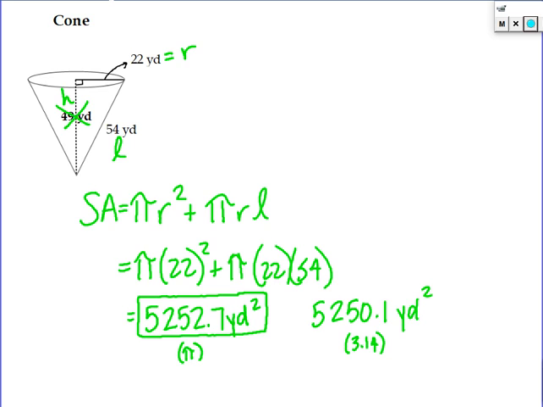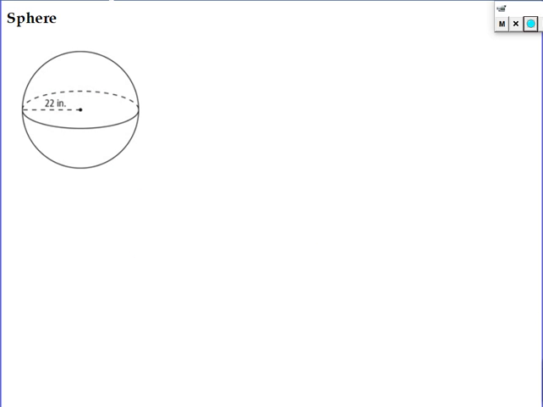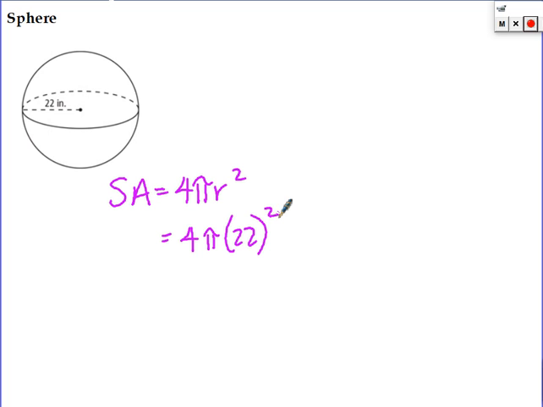And now finally our sphere. And again, all you have to do is figure out what formula you're using. So in this case, surface area is just 4 pi r squared. So my radius is 22. And again, you can just plug that whole thing directly into your calculator, and you should get 6,082.1 square inches.